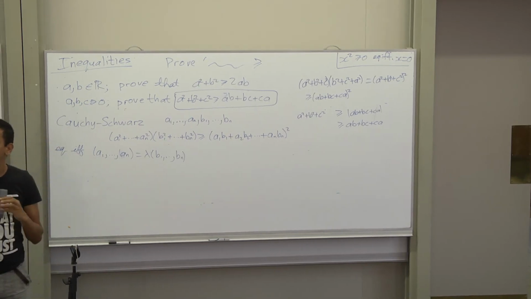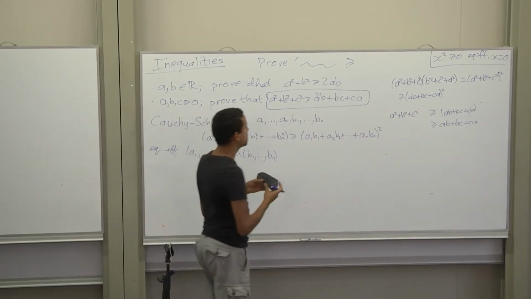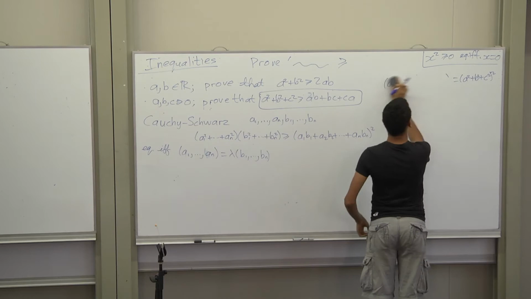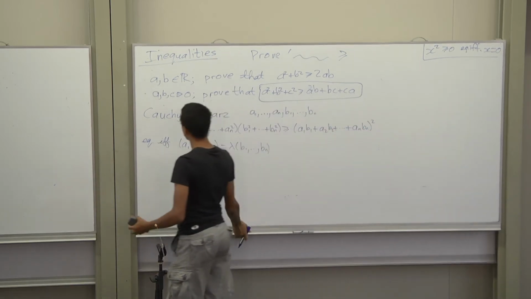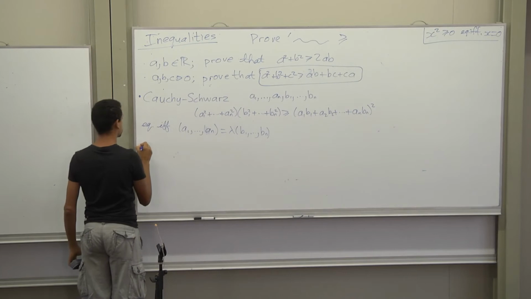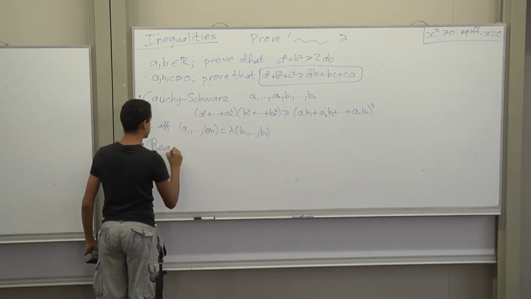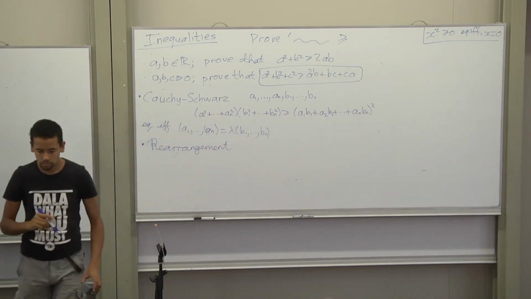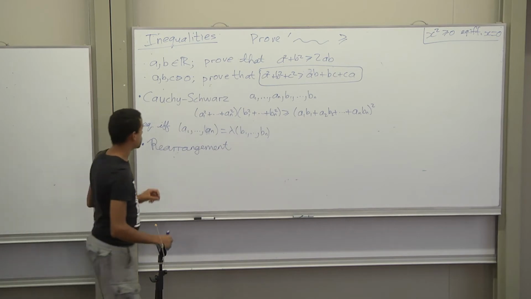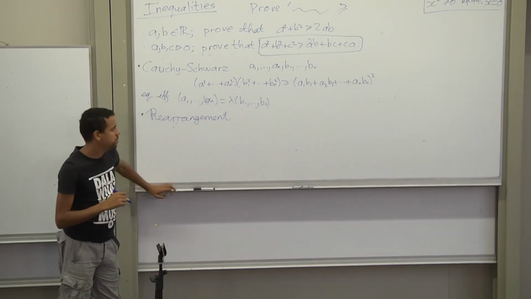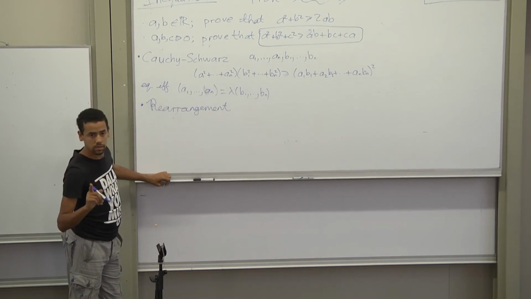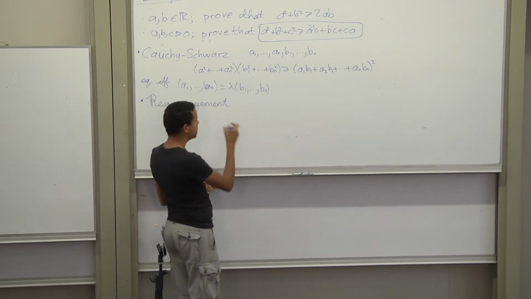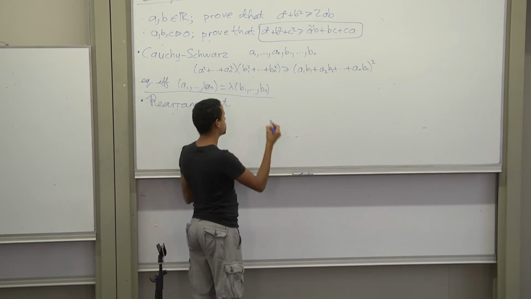Next suggestion. Rearrangement. Excellent. Excellent suggestion, my good sir. Now, the rearrangement inequality again deals with 2 sequences, A1 to AN, B1 to BN, subject to specific conditions.